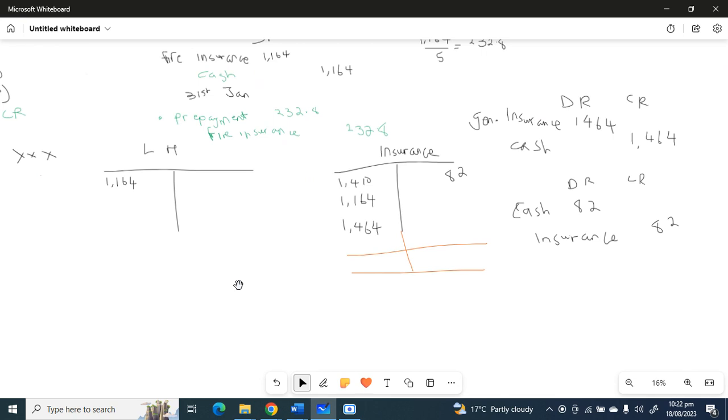Since the debit side is higher, what is the balance on the debit side? Our balance carried down always comes on the lower side, so it will come on the credit side.